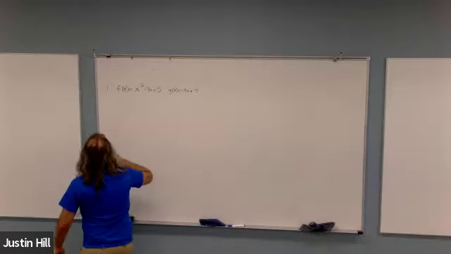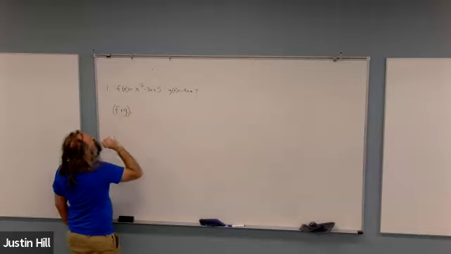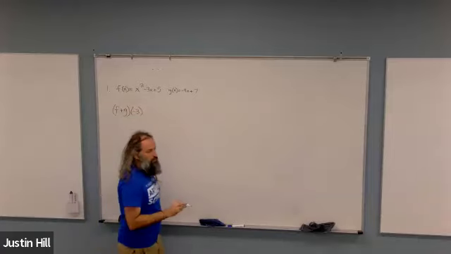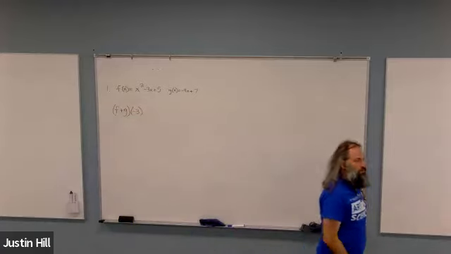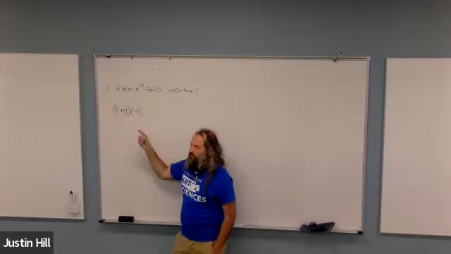First, let's say I give you these 2 functions. They're gonna ask something like this, maybe f plus g of negative. So at least that's the way to read it. So f plus g of negative.